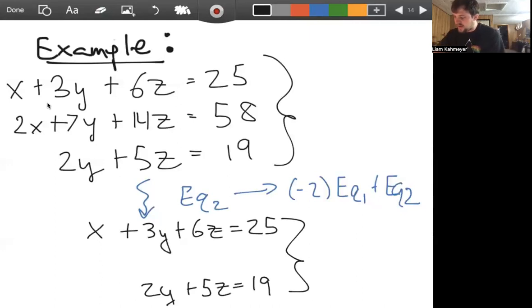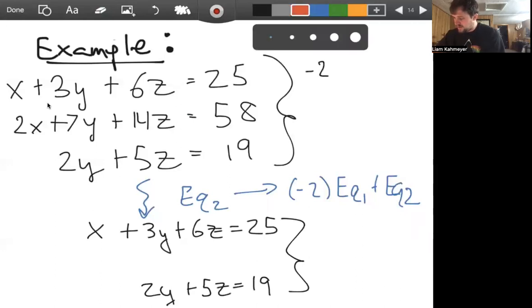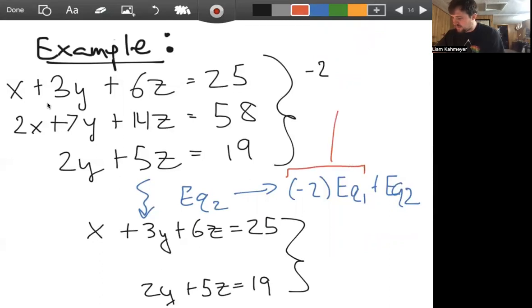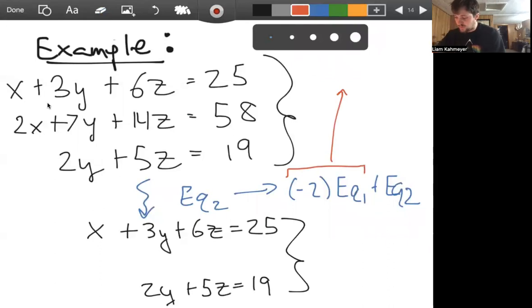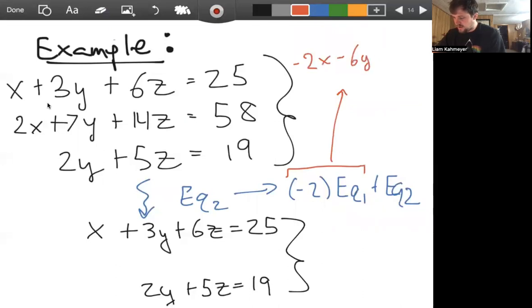Well, we're taking -2 times equation 1. Let me color code what I'm doing here. First, we take equation 1 times -2. That's -2x minus 6y minus 12z equals -50, right?